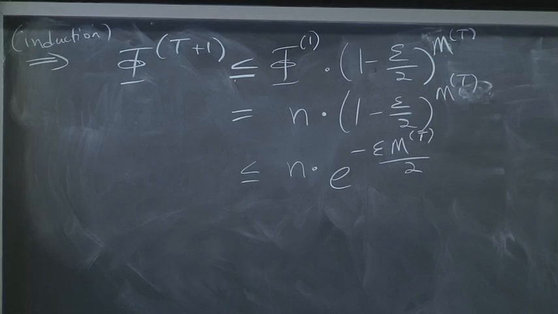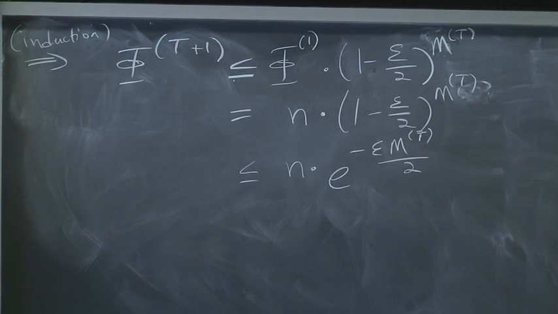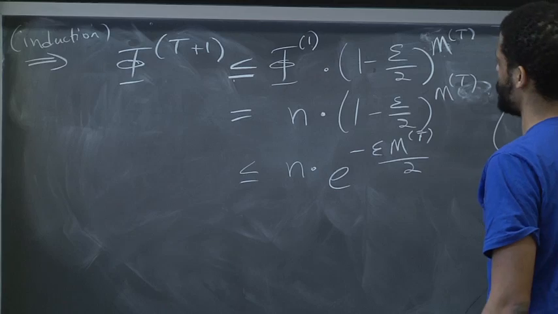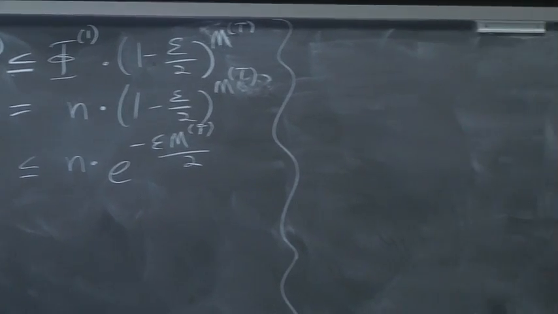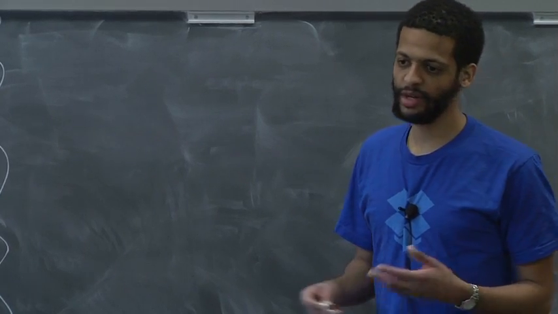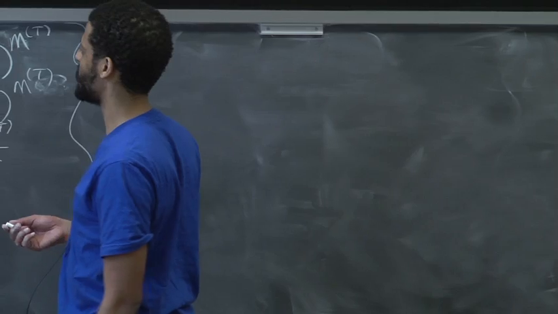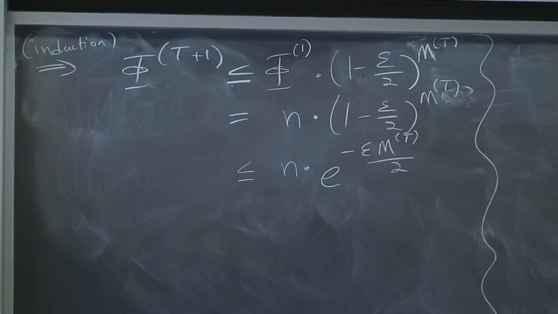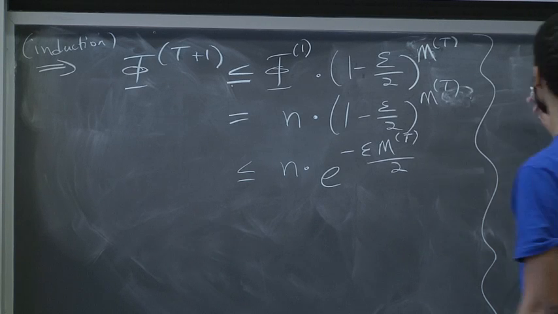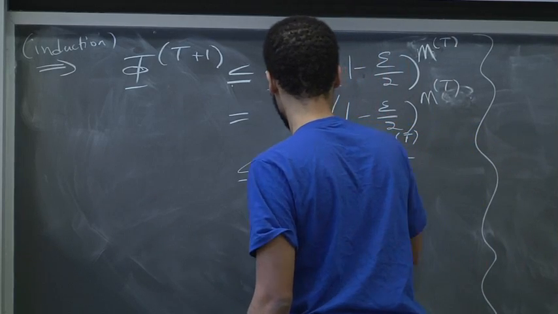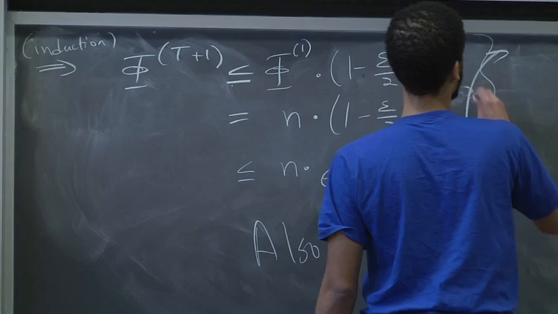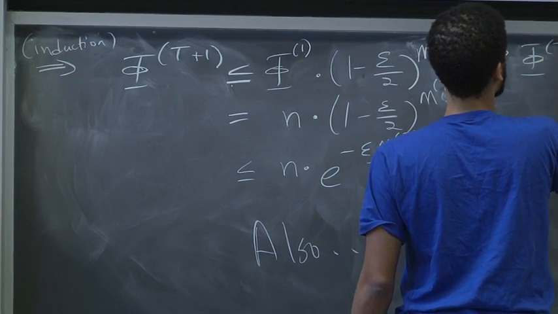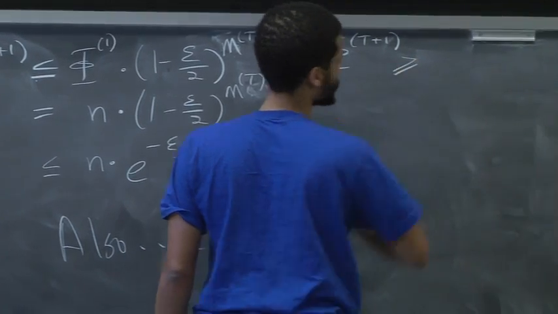Now I want to lower bound the potential. And I'm going to use kind of the weakest lower bound you can imagine. So say i is some expert. In particular, maybe i is the best expert. What can you tell me about phi t plus 1 compared to the weight of the ith expert? I want to say it is at least something.